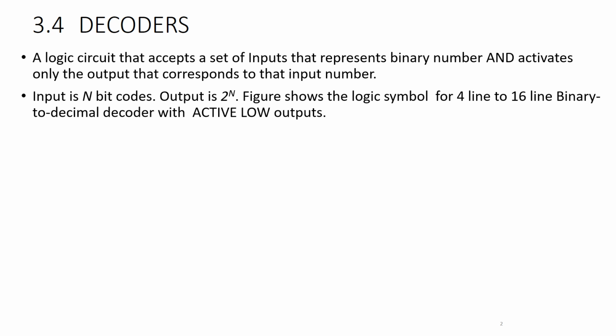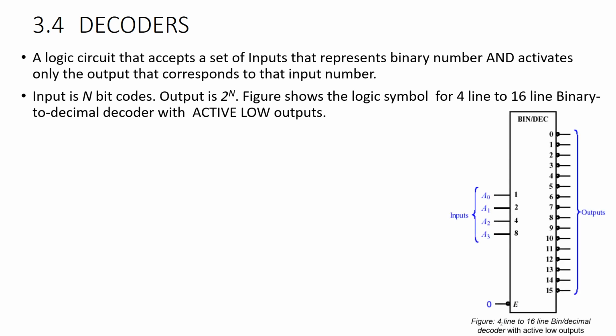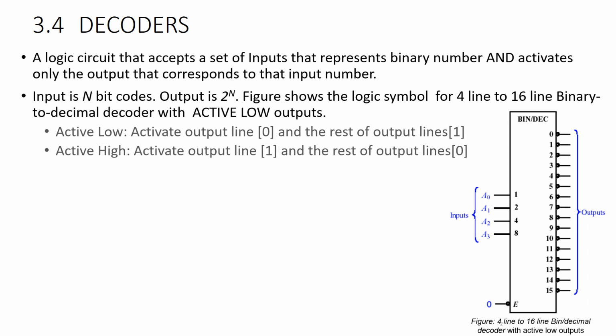Figure shows the logic symbol for a 4-line to 16-line binary to decimal decoder with active low outputs. So we have this 4 to 16-line binary to decimal decoder. It has 4 inputs and it has 16 outputs.